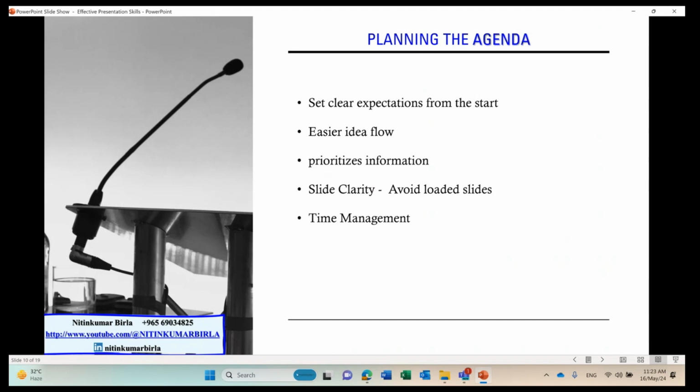Slide clarity. Avoid the loaded slides. Your slide should not be bulky. Maybe 30 or 35 years before, when I was presenting in one of the scientific conferences, at that time, my slide was bulky, and I was almost literally reading those slides.